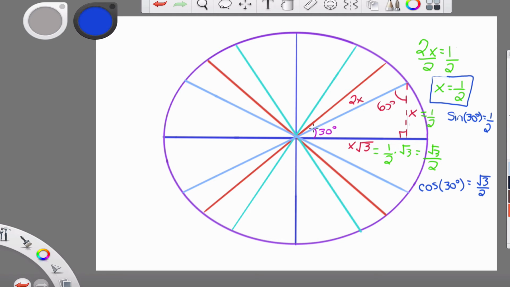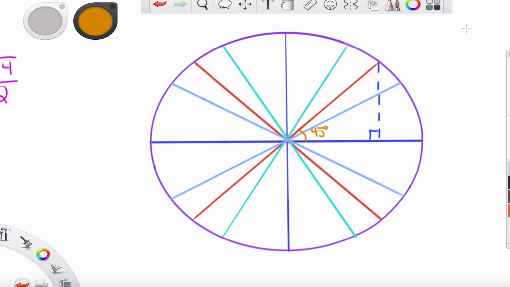For example, if we created a triangle in the third quadrant, the vertical height of the triangle would be negative because the y values are negative in the third quadrant. You have to pay attention to those things when you're filling in the unit circle using special right triangles. X times the square root of 3 came out to be positive 1/2 times the square root of 3 because the x's are positive in the first and fourth quadrants actually.